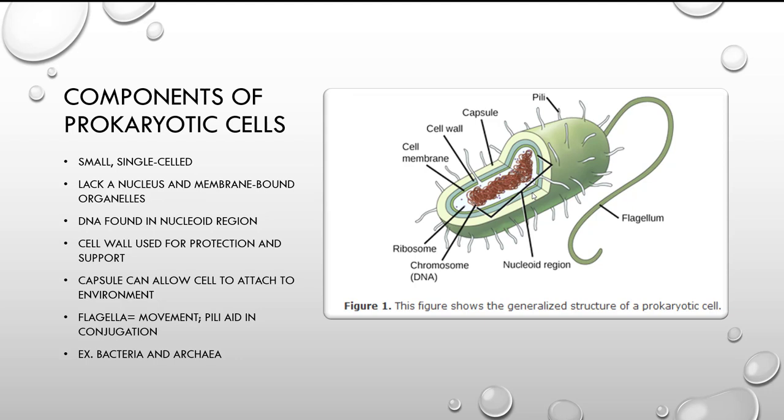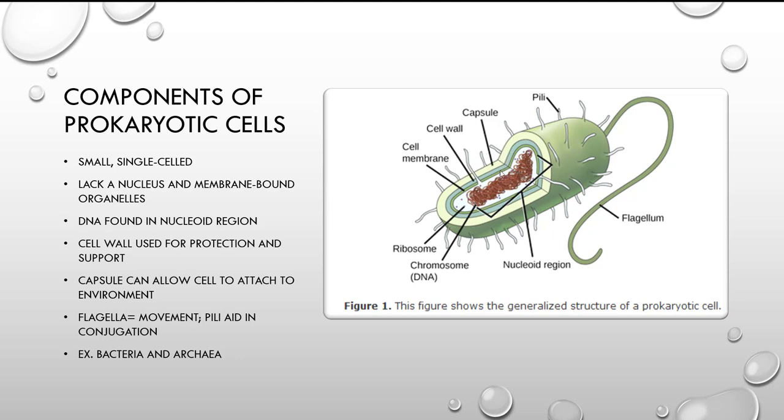They're single-celled, so basically they're just floating out there, and they need some extra protection from other things like viruses or protists or anything else. It also helps support them, so it adds protection and aids the shape of their cells.